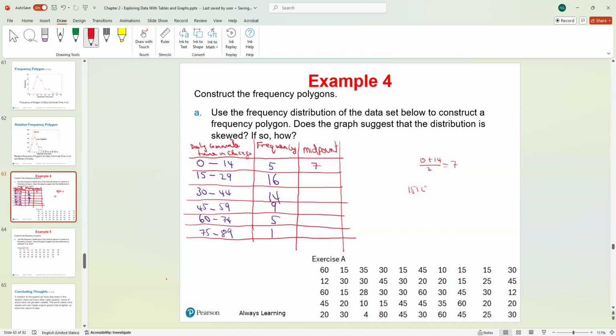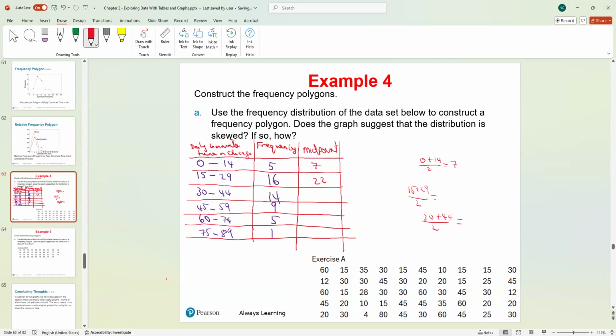15 plus 29 divided by 2, that's the next one, that's 22. We do 30 plus 44 divided by 2. Okay, I think I messed up again on this.